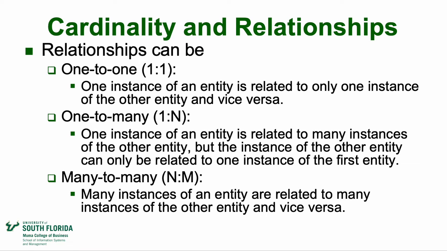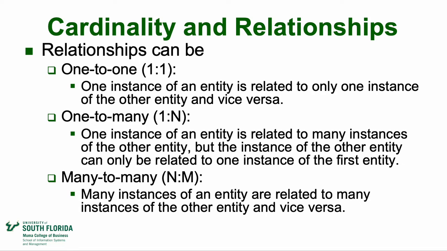There are three different types of relationship based on the cardinalities of each end. In a one-to-one relationship, one instance of an entity is related to only one instance of the other entity and vice versa. In a one-to-many or one-to-n relationship, one instance of an entity is related to many instances of the other entity, but any instance of the second entity is related to only one instance of the first entity.